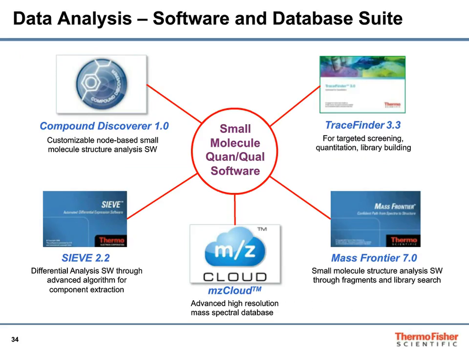As I point out, the data analysis actually is very important. It's a big part of the whole process. We have this small molecule quant core software suite, and they are all very good.